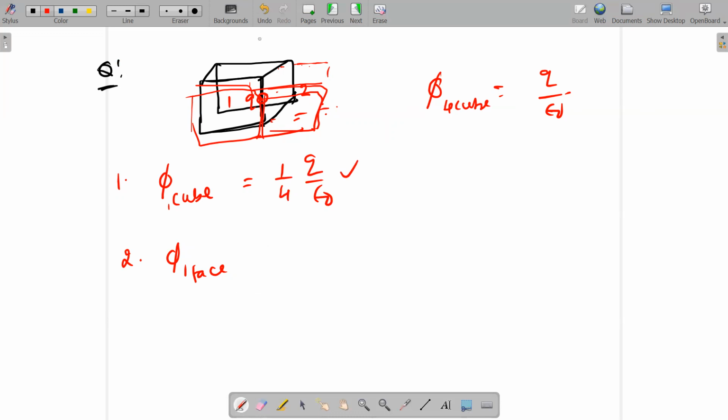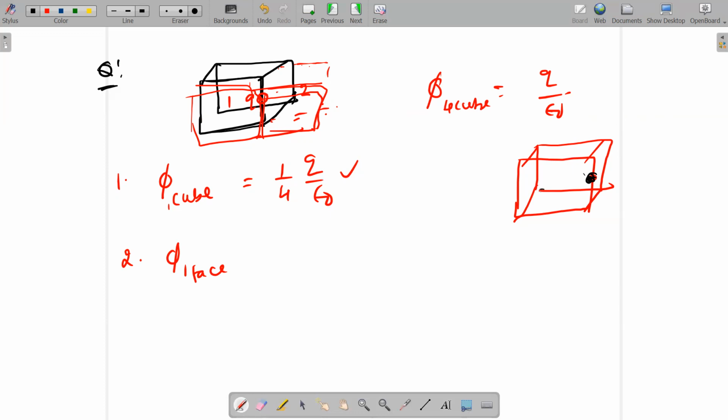Now let me erase this and draw this once again. This is our cube, right? And the charge is here. When the charge is here, through the single cube, the flux is 1 by 4 into q by epsilon naught.